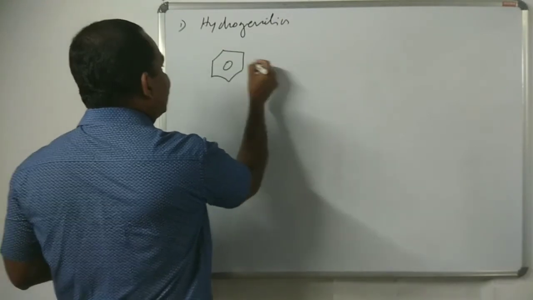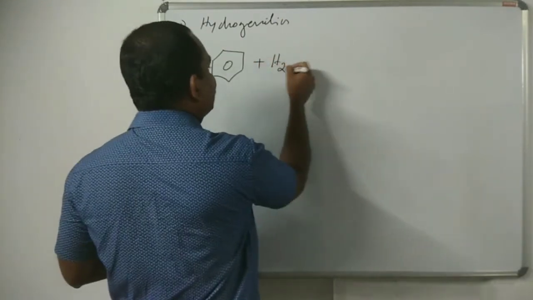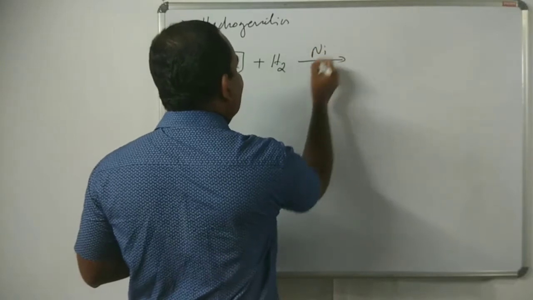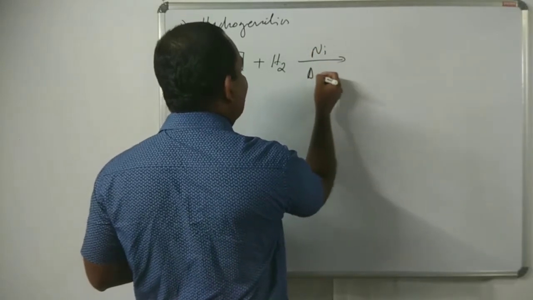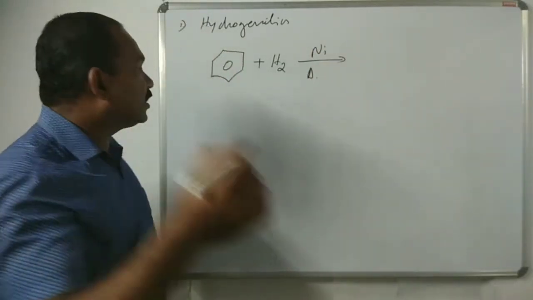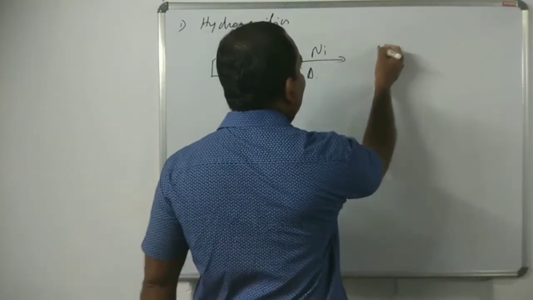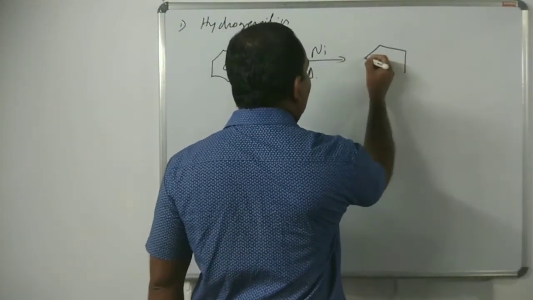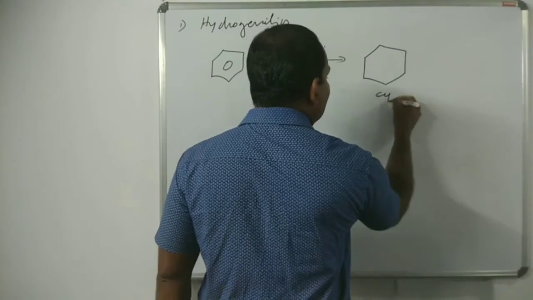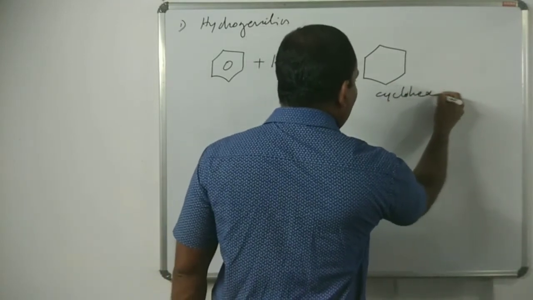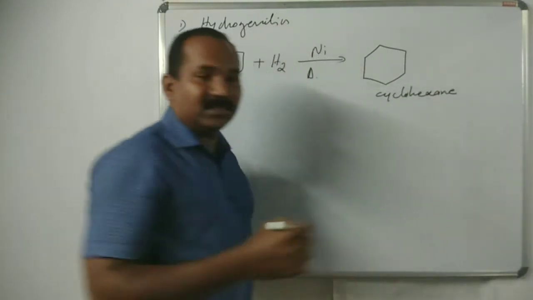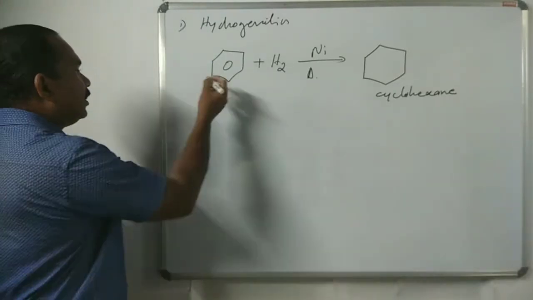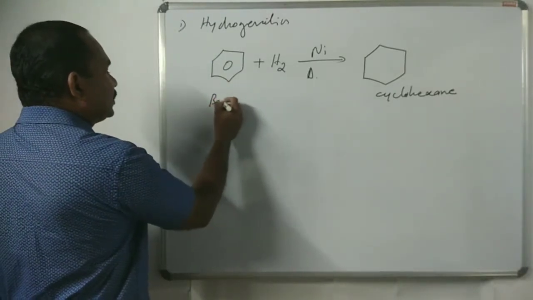Benzene undergoes hydrogenation, H2, in presence of nickel catalyst at a high temperature and pressure. Okay, at a very high temperature and pressure, we get cyclohexane. That is one of the reactions. And this is benzene.